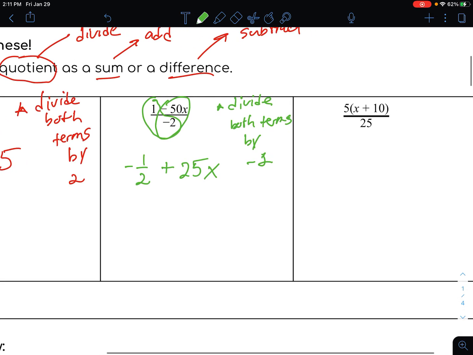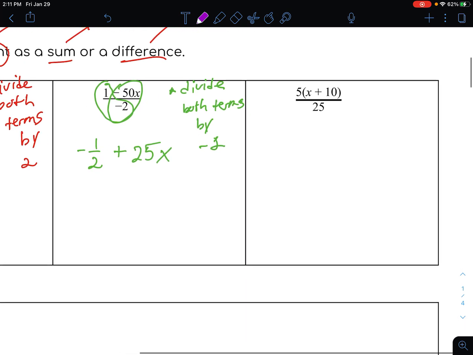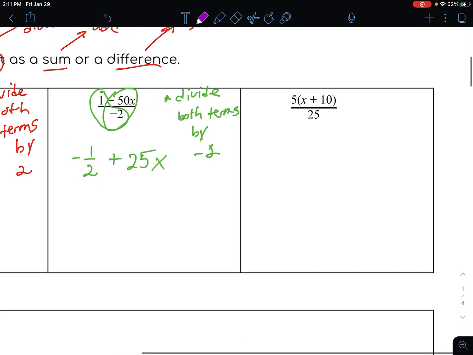And then the last of this group, 5 times the quantity x plus 10, all divided by 25. There's a couple different ways of simplifying this problem, and you get to the same answer. One way of doing it is to treat it as a distributive property first. So that becomes 5 times x is 5x, and then 5 times 10 is 50.